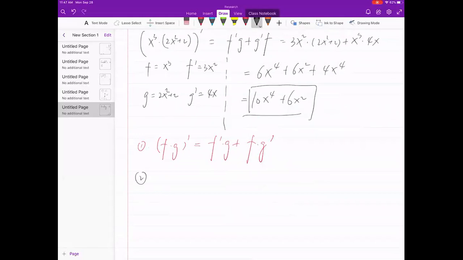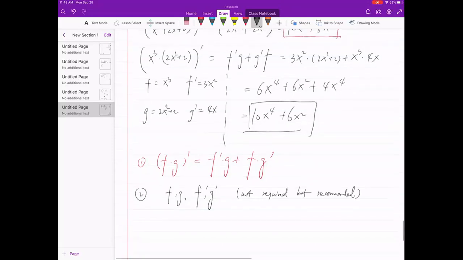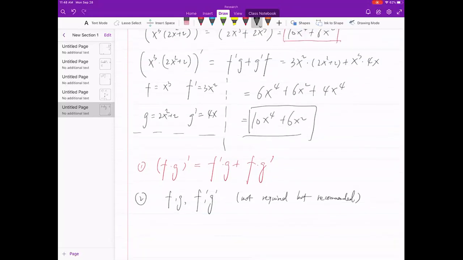you probably want to, for the first several times, just write down a table to tell you what f is, g is, and then what f prime and g prime are. This is not required, but recommended. Only at the first. Later, you will find this super easy, so you don't have to do it. But for now, it's recommended that you try to do a table like this.